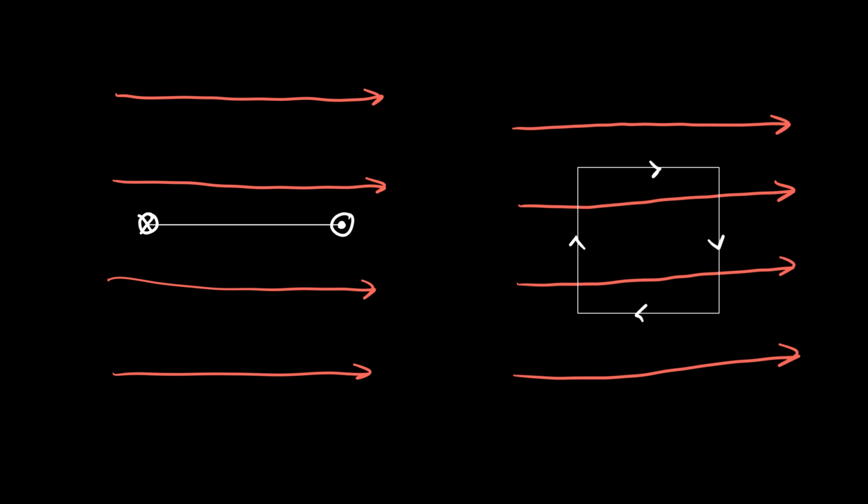My thumb comes out of the board here, and also this wire and this wire, no magnetic field. But this wire force into the board, and this wire force out of the board. You guys see that? This wire force downwards, this wire force upwards.